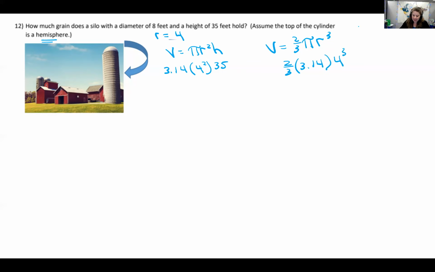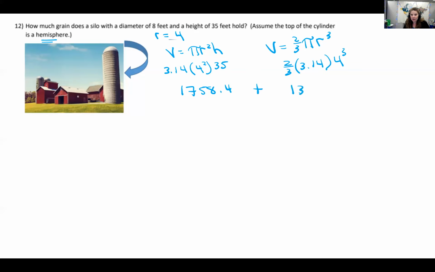And the last thing I'll do, like I said, is add them together. 3.14 times 4 squared times 35 is 1,758.4. I'm going to add that to 2/3 times 3.14 times 4 to the third.